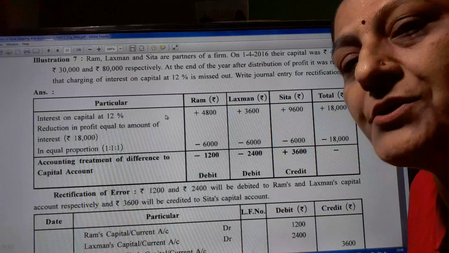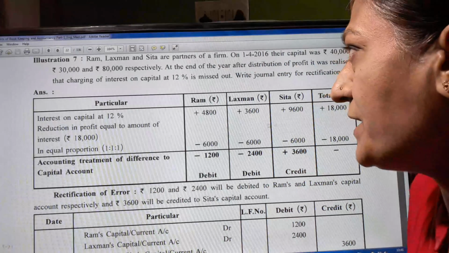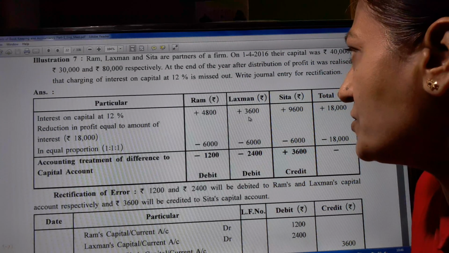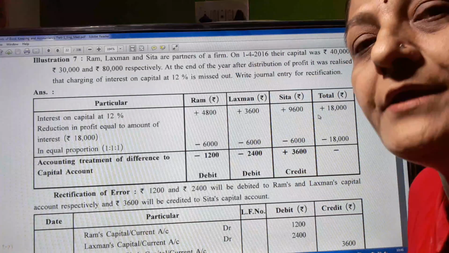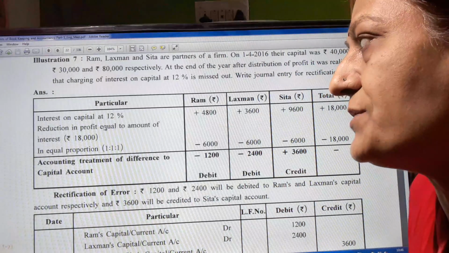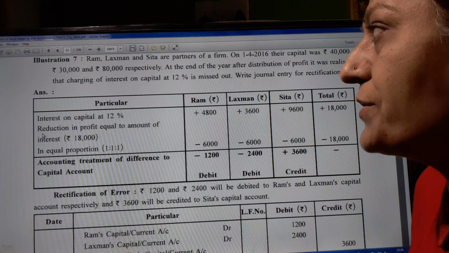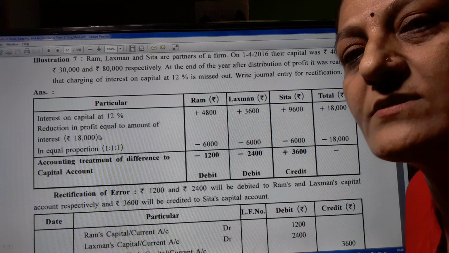And 80,000 into 12 upon 100, then we get 9,600. It means 4,800, 3,600 and 9,600 together make 18,000 rupees. Total amount of the interest is 18,000 rupees. Now the reduction in profit is equal to the amount of interest, rupees 18,000.